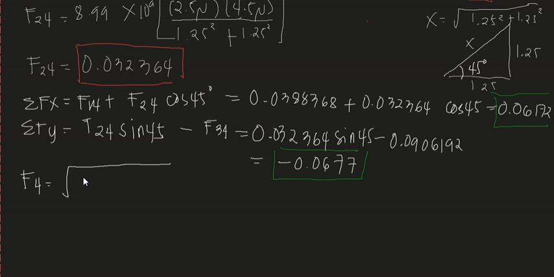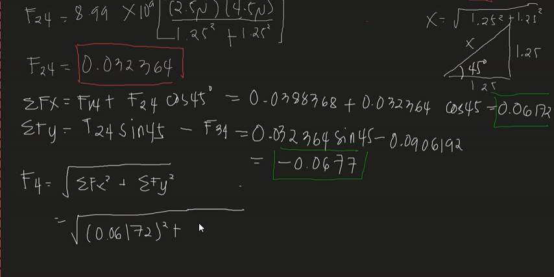So we'll have the square root of the summation of Fx squared plus the summation of Fy squared. So this is equal to the square root of 0.06172 squared plus negative 0.0677 squared.